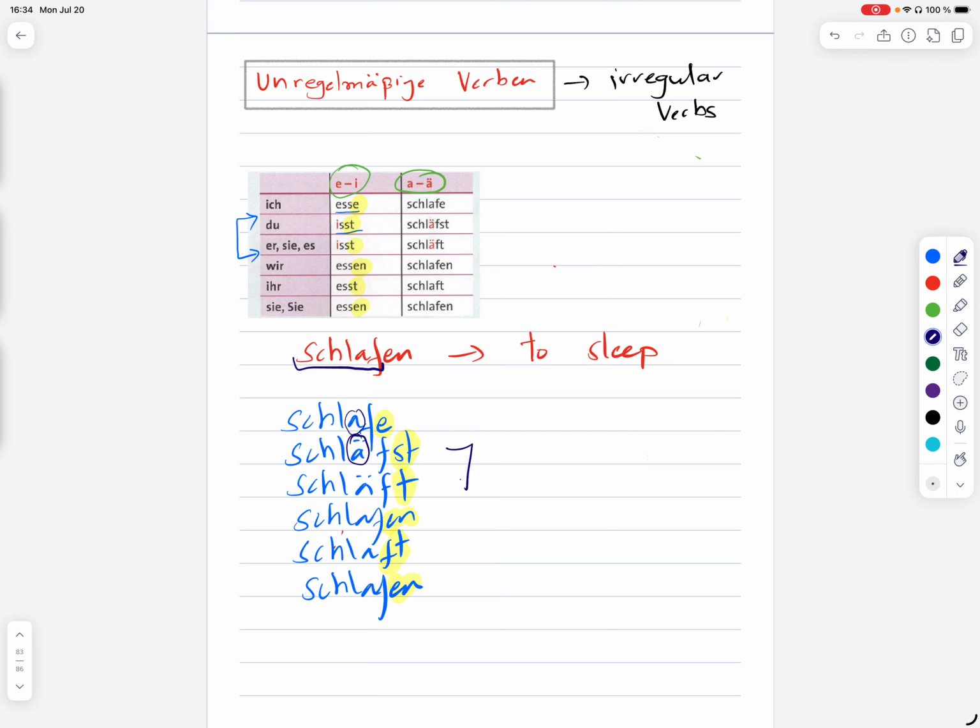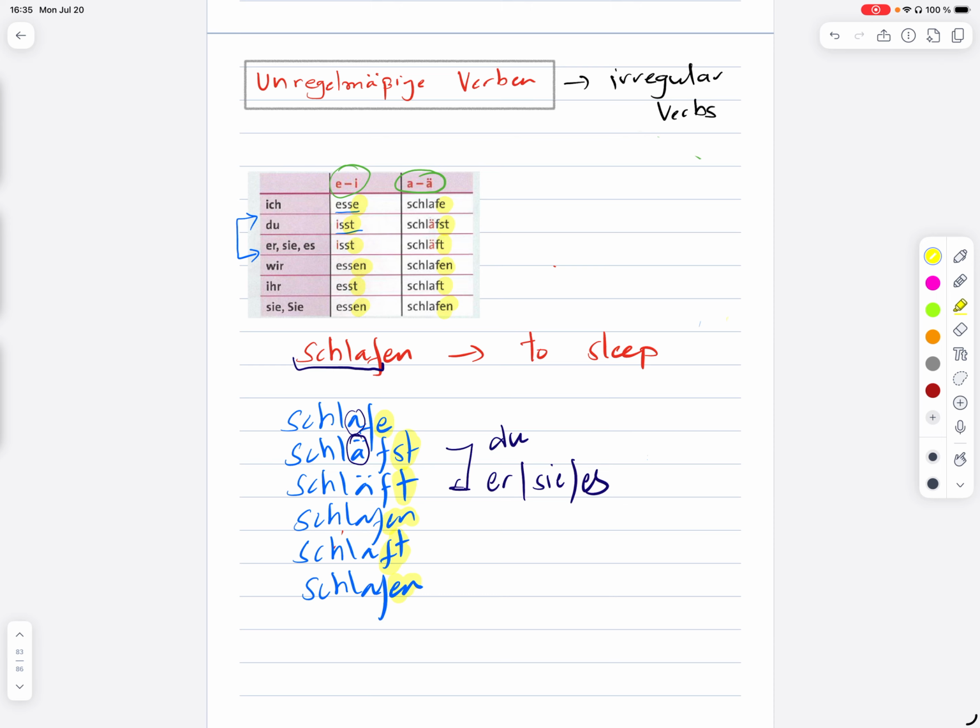And this is for the du conjugation and the er/sie/es conjugation, and this is also shown in the table. Ich schlafe, du schläfst, er/sie/es schläft, wir schlafen, ihr schlaft, sie schlafen.